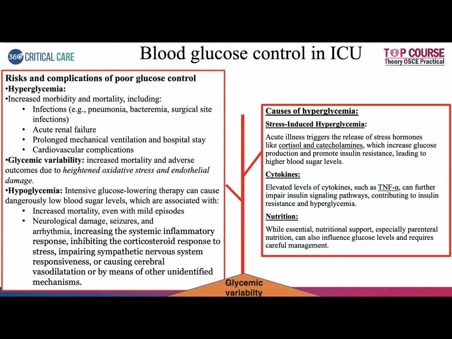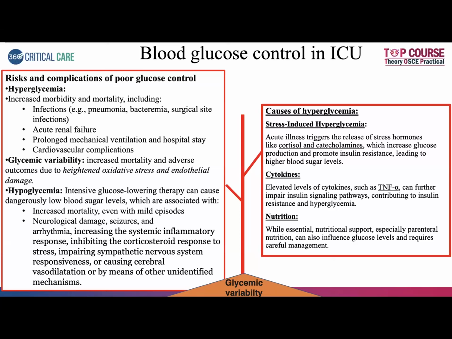Hypoglycemia is a very important concern. Very low glucose or sugar levels increase mortality. It not only increases the mortality, but if not treated appropriately or immediately, it can result in permanent neurological damage, seizures, arrhythmias, and a SIRS response.